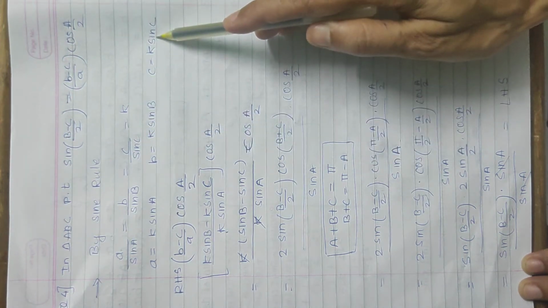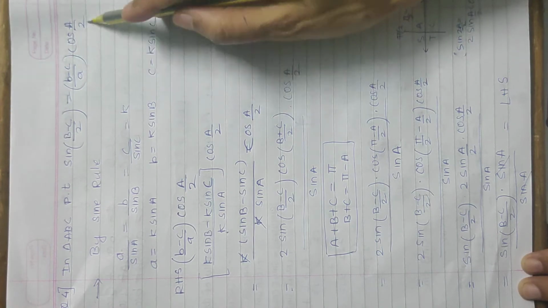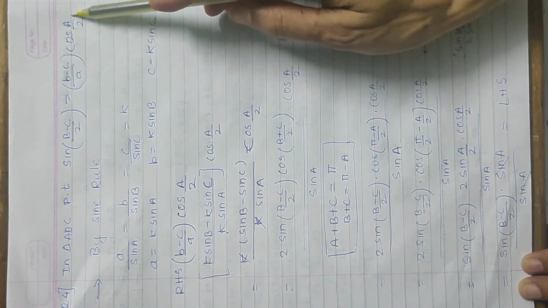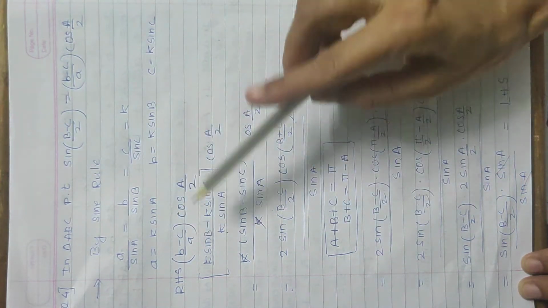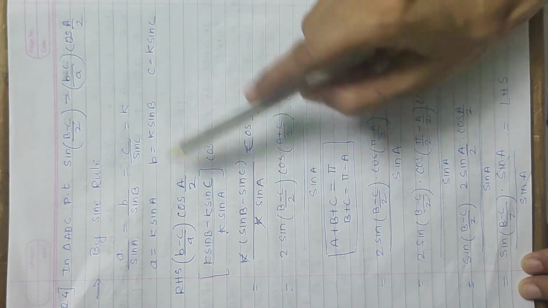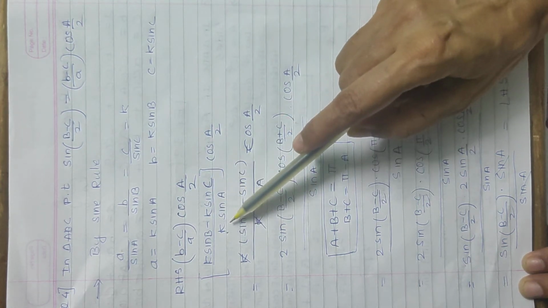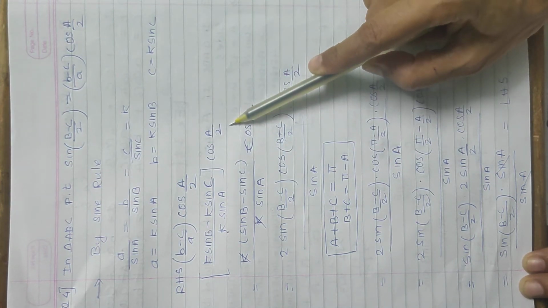Now write down the RHS first. RHS is equal to b minus c upon a into cos A by 2. Now substitute the values of a, b, c. That is, what is our b? k sin B minus k sin C upon k sin A, and this cos A by 2 as it is.